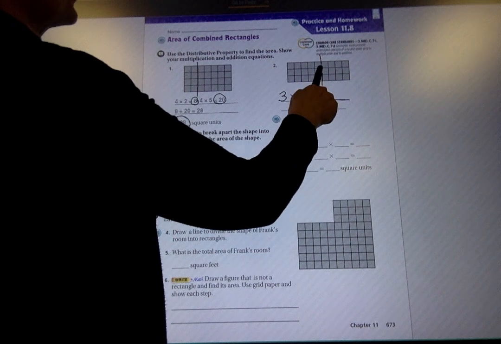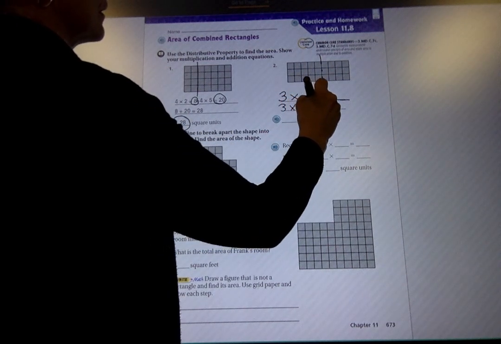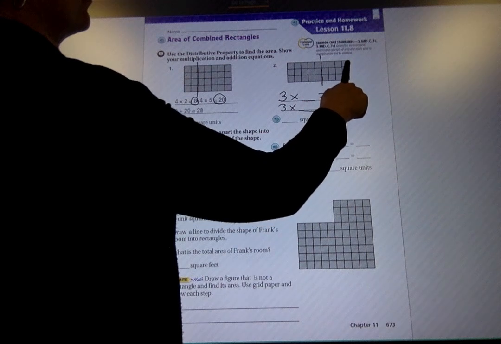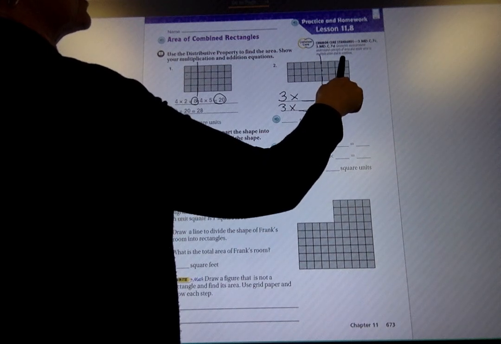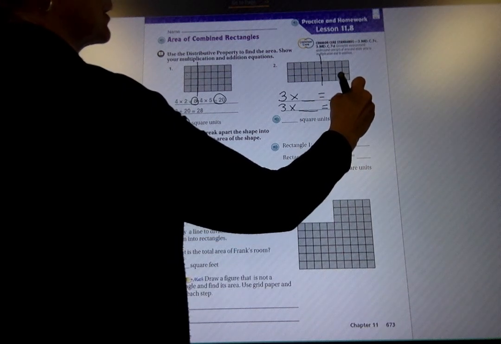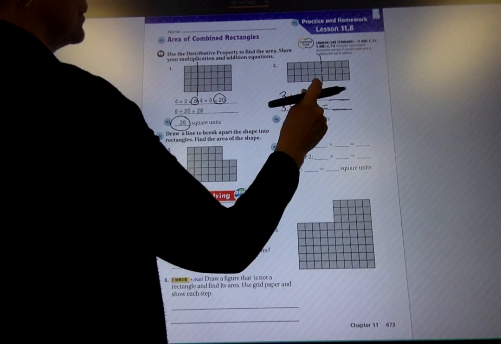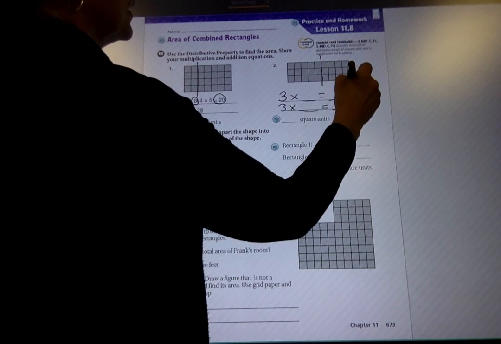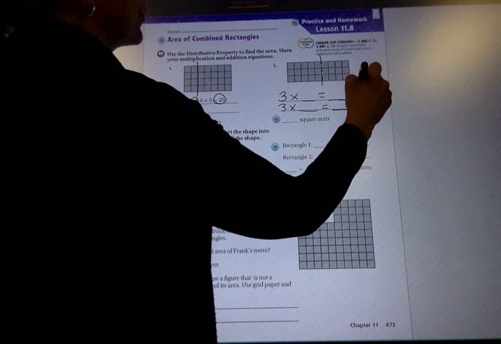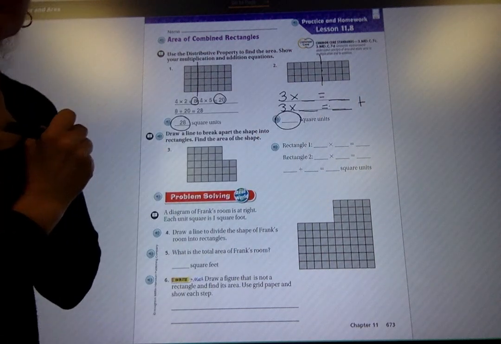Then we're going to take 1, 2, 3 again times however many are on the top, across this column, and we're going to get that answer. Then we're going to add them together. These two products will be added together for our answer.